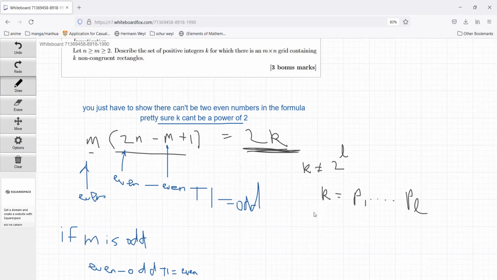So we write k as, I think k is greater than 3, right? Greater or equal to 3. Yeah, okay. So k is greater than or equal to 3, because the factor of 2 cancels.